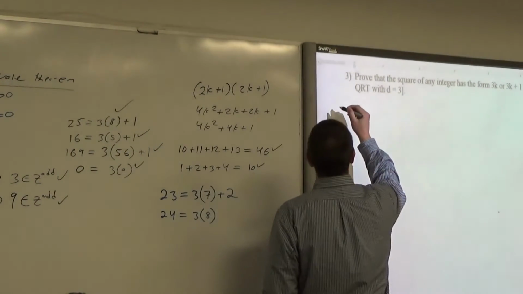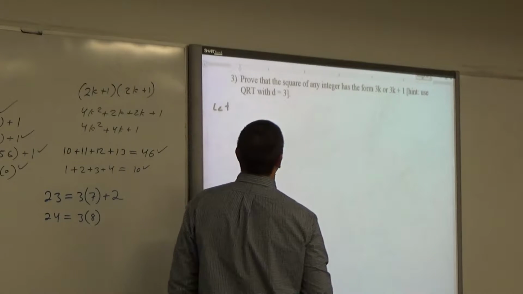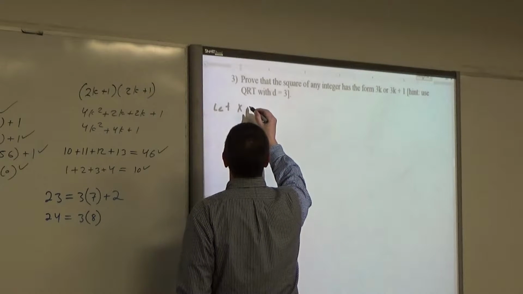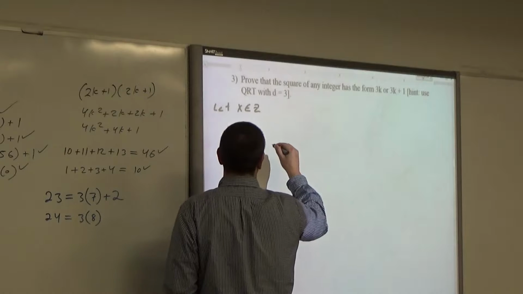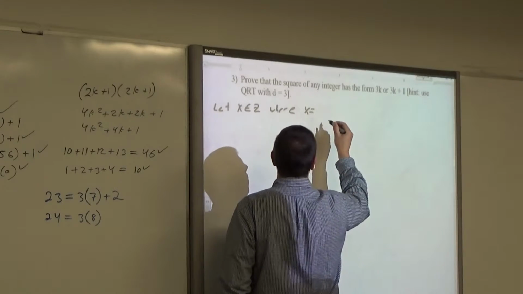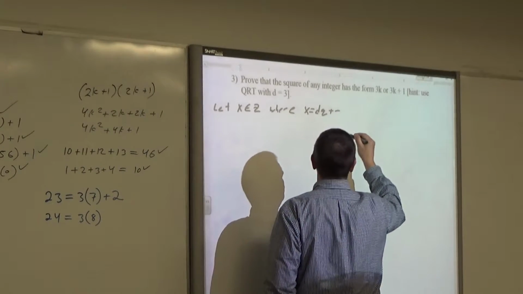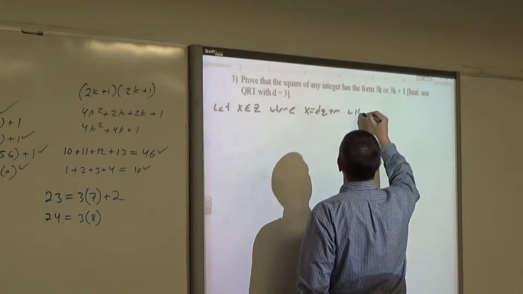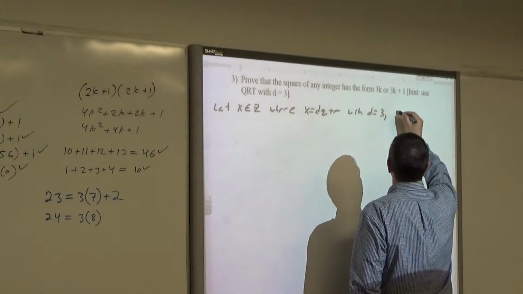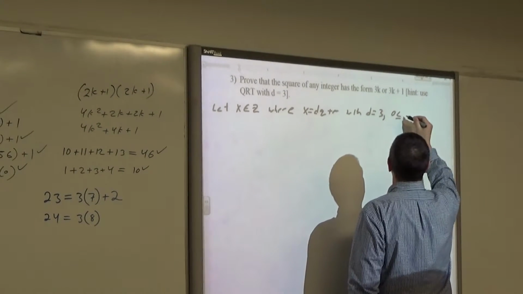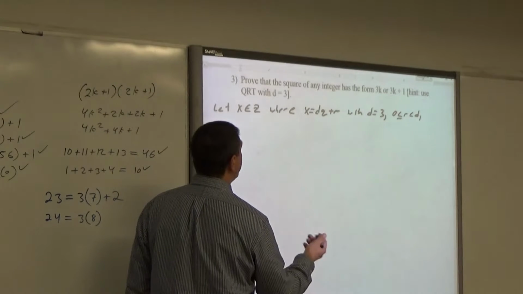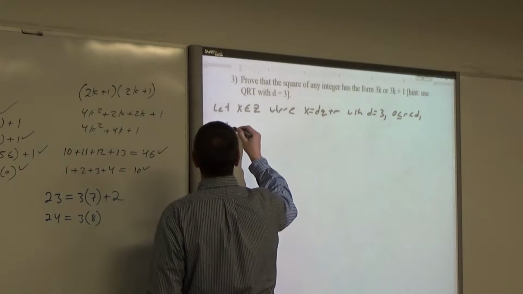Okay, so let's start by saying, let's let x, it doesn't matter, be an element of the integers, where x is equal to dq plus r with d equal to 3, and 0 less than or equal to r less than d, and we should also make sure that we define r and d to be integers as well.